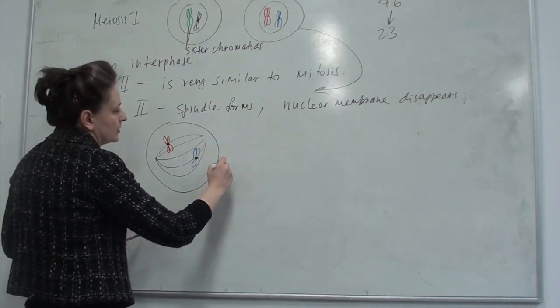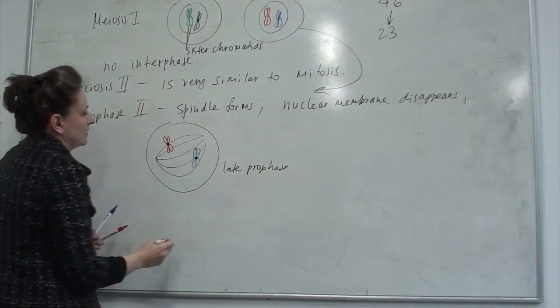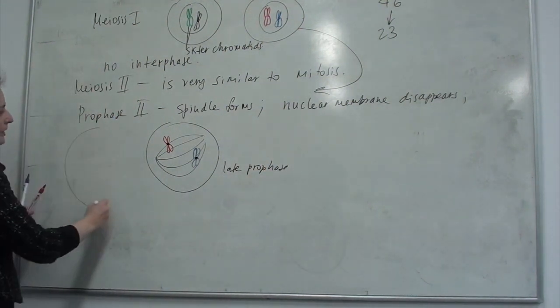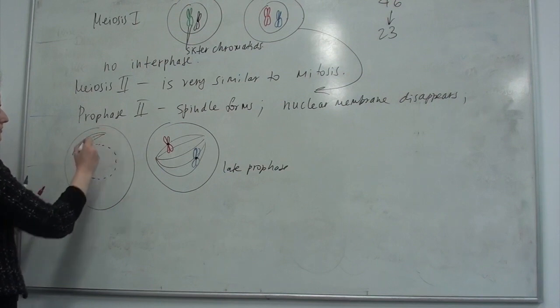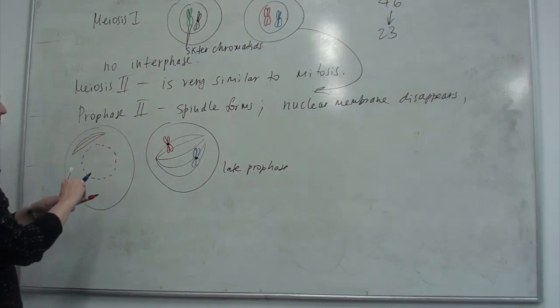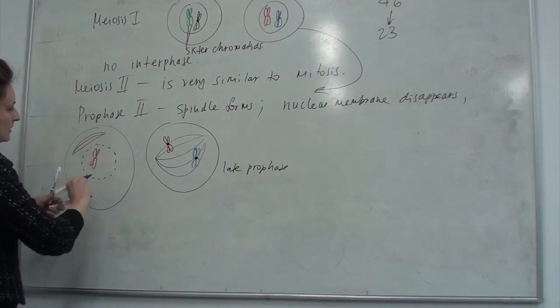That would be the picture for late prophase, and a picture for early prophase would be something like the nuclear membrane just disappearing and the spindle starting to form somewhere on one side. So you still have chromosomes inside.